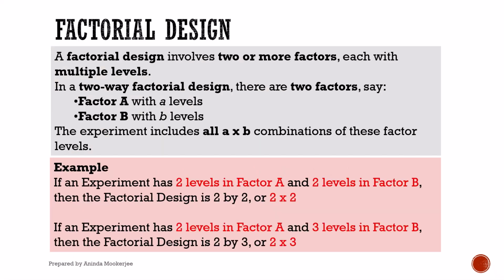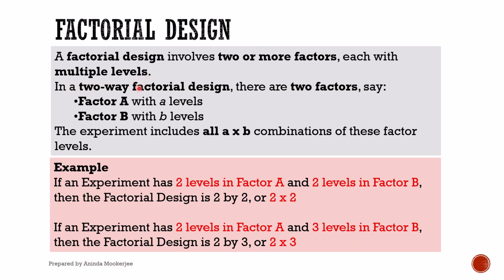Now, before we proceed further, there's another terminology that we need to understand, and that's factorial design. Now, since a two-way ANOVA is involved with two factors, the design of the experiments are known as factorial design. So a factorial design involves two or more factors, each with multiple levels.